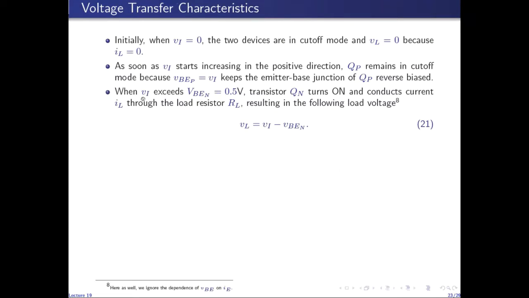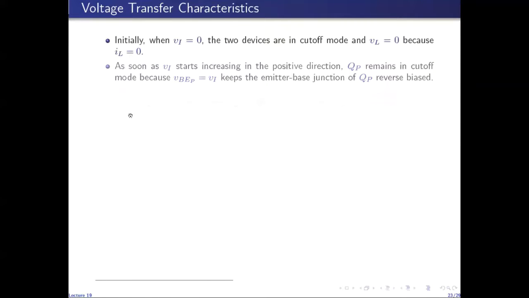So when Vi exceeds about 0.5 volts or so, then VBE of N exceeds 0.5 volts, and the base emitter junction of Qn becomes forward biased, which turns the transistor Qn on and conducts a current.